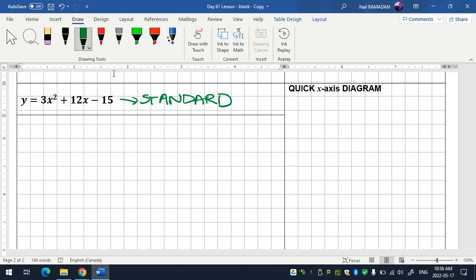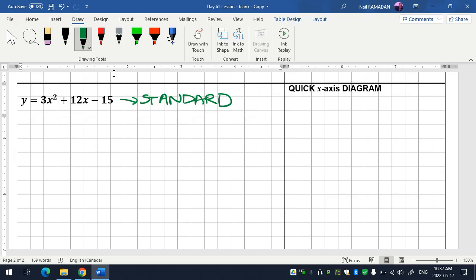Can someone tell me how we do common factoring? What was the first step in common factoring? You look at the numbers. 3 and 12 and 15.